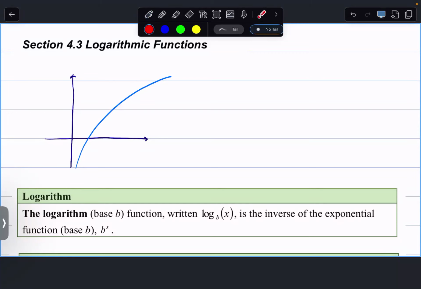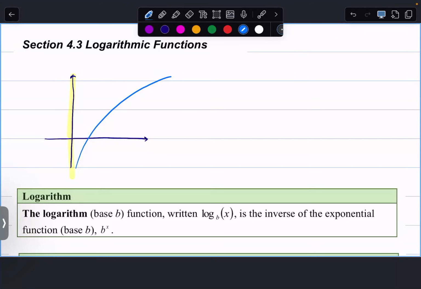And spoiler alert, it's going to be the mirror image of the exponential function around the y equals x line, but that's jumping ahead a lot. We're going to have an asymptote at x equals 0.